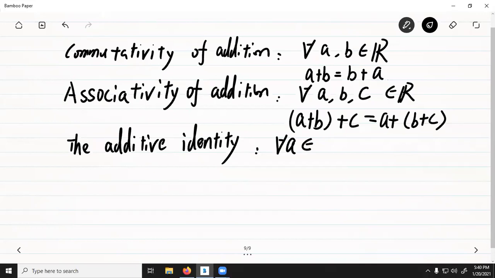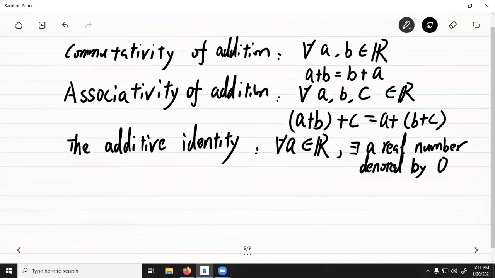For any A in the real number set, there exists a real number denoted by 0, such that 0 plus A is equal to A plus 0 equal to A. So this 0 is called the additive identity.